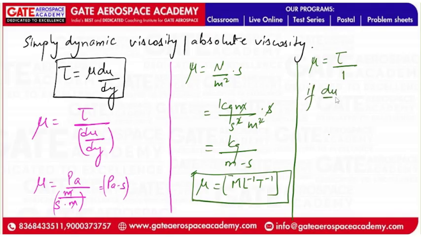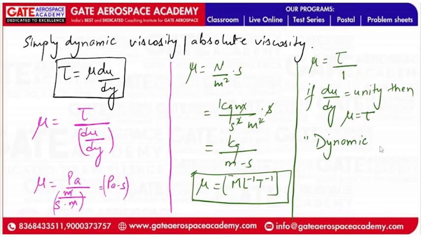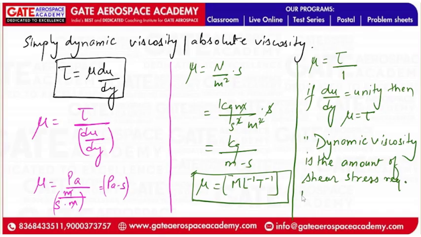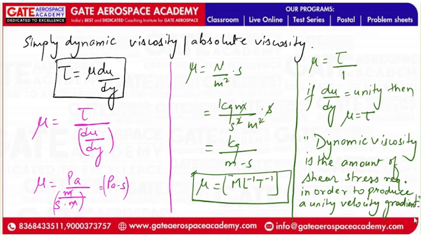If du by dy equals unity, then mu equals tau, which means dynamic viscosity, or the coefficient of viscosity, is nothing but the amount of shear stress which is required in order to produce a unity velocity gradient, meaning a velocity gradient of magnitude 1.